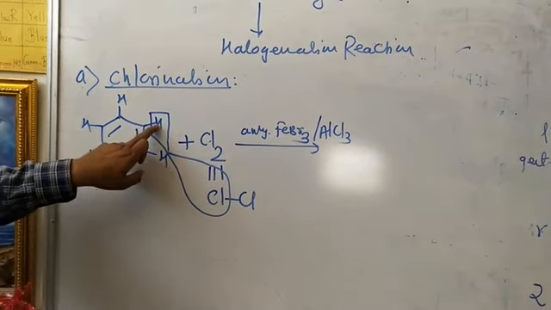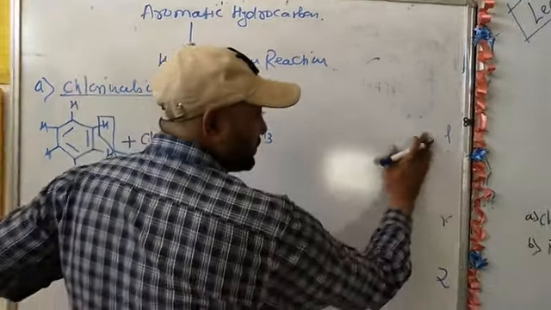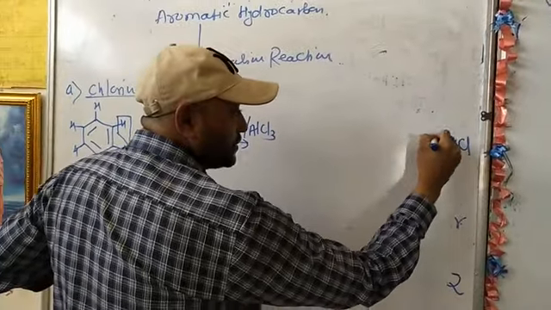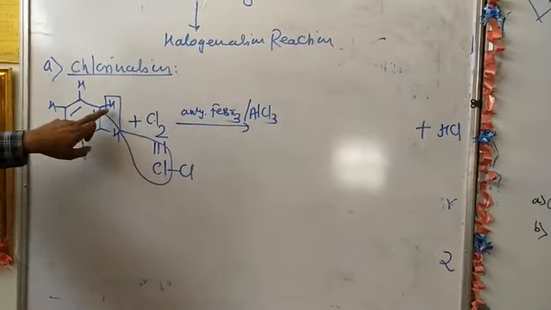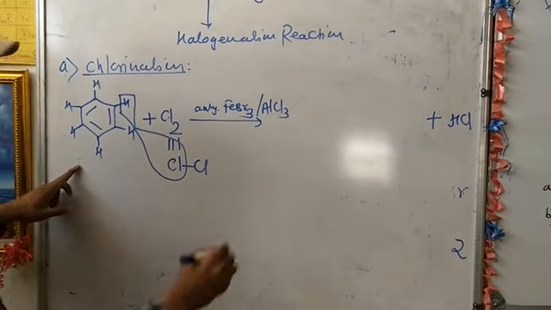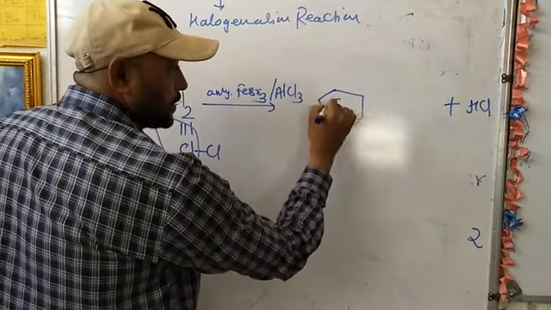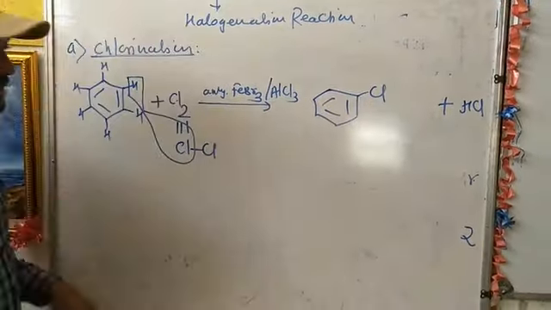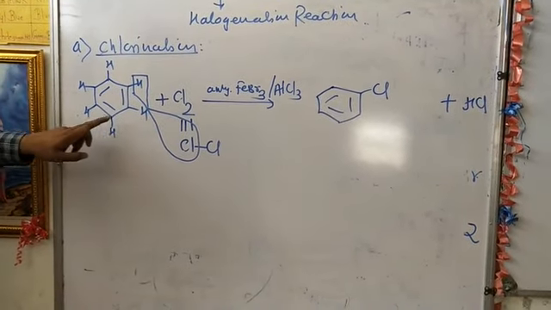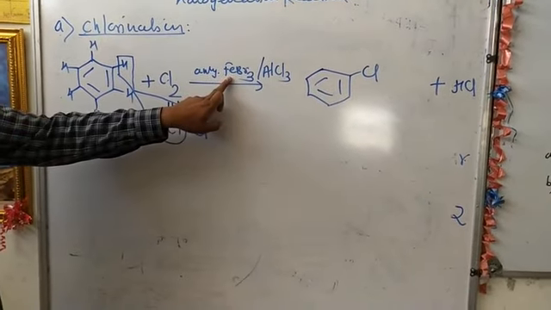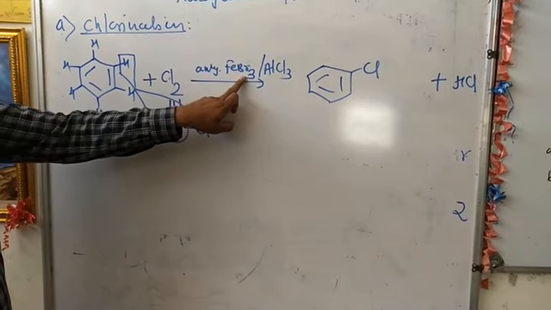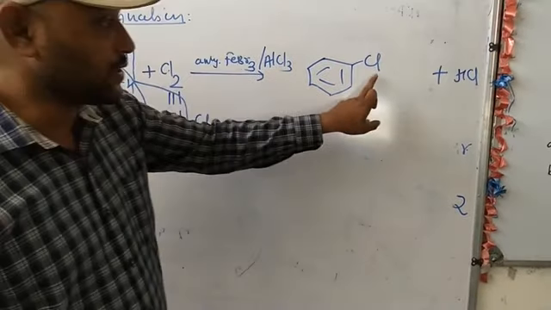So we have HCl formation, HCl plus this chlorine substituted on this hydrogen position of benzene, forming chlorobenzene. So benzene undergoes chlorination in presence of anhydrous FeBr3 or AlCl3 forming chlorobenzene.